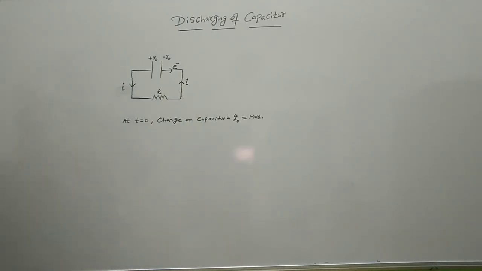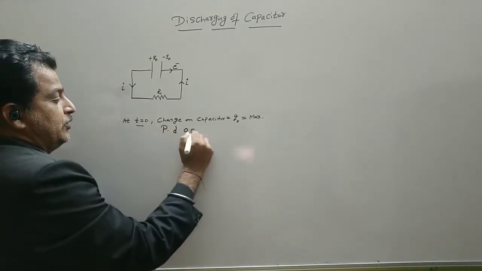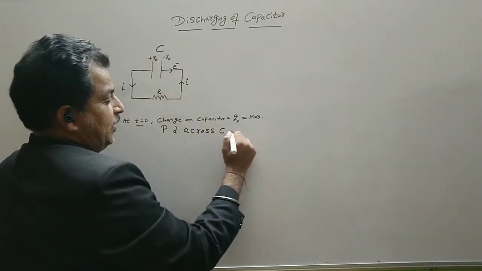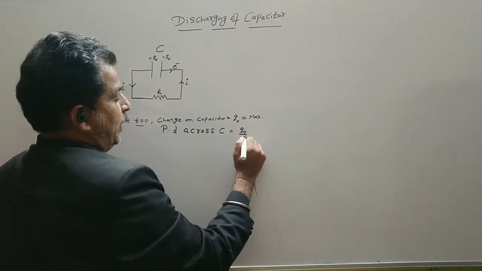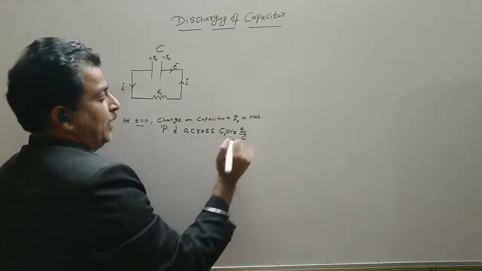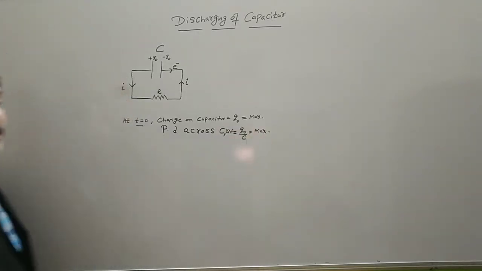Now what will be the potential difference across the two plates of the capacitor initially? At t equal to 0, the potential difference across the capacitor having capacitance C is equal to Q naught by C. Let the potential difference be denoted by delta V. This is the maximum potential difference.